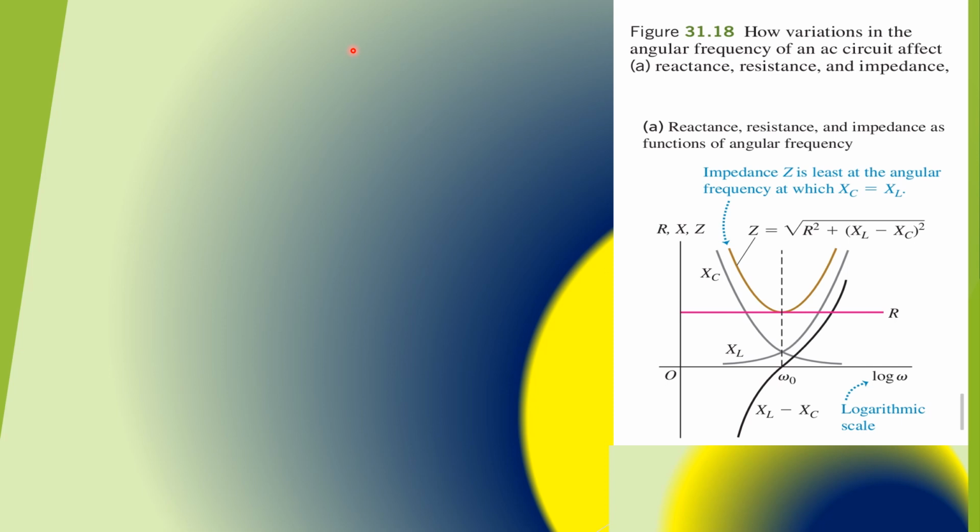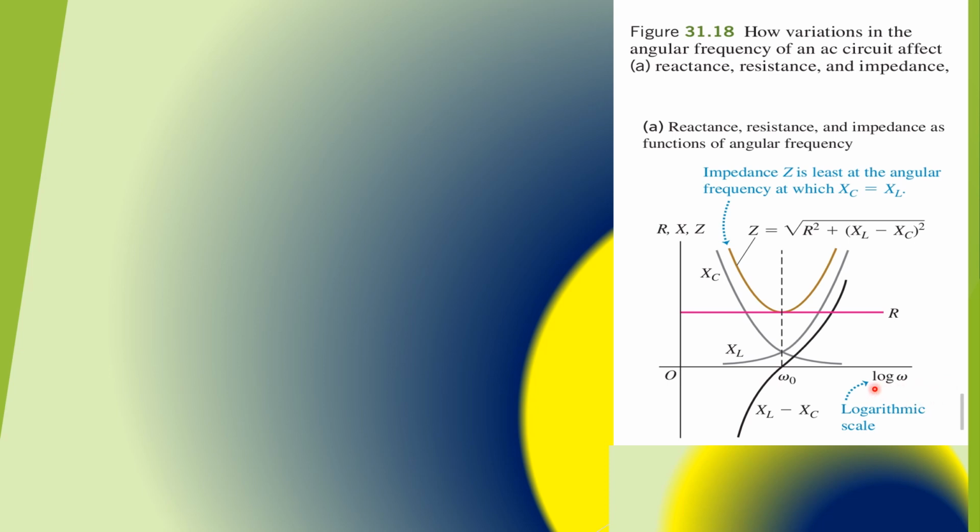The figure shows graphs of the resistance capital R, the reactances X sub L and X sub C, and the impedance Z as functions of omega. The angular frequency along the x-axis is in terms of the logarithmic value.